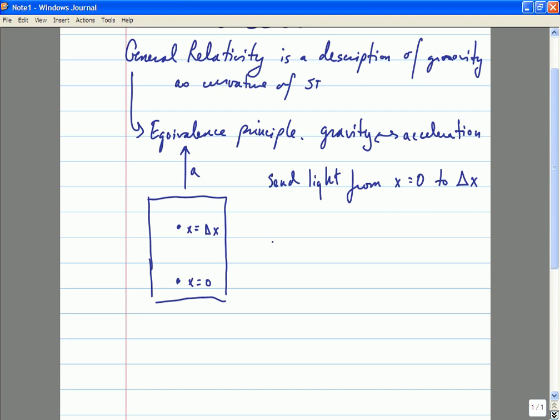And how much will the velocity of the elevator change? It will change by an amount delta v, which is equal to the acceleration of the elevator times delta t, which is the time difference between the emission and receipt of the signal, which, because the signal travels at the speed of light, is a times delta x over c.